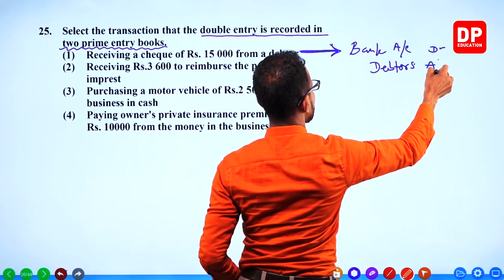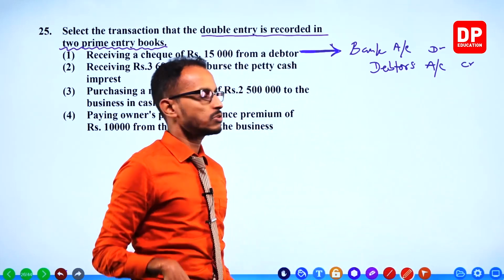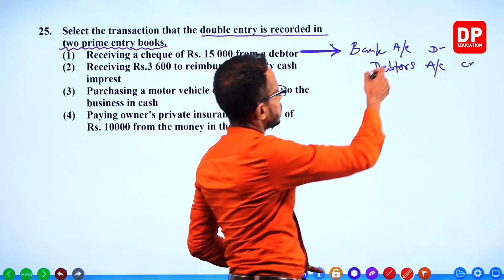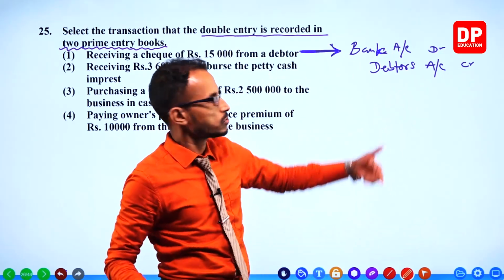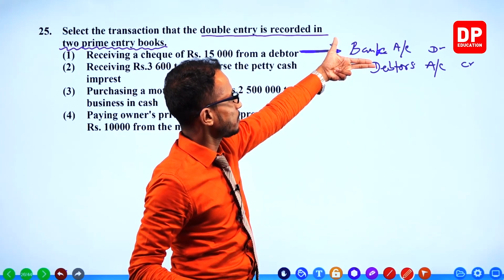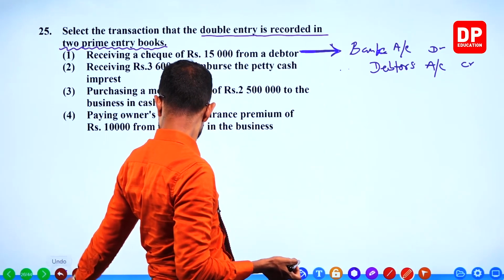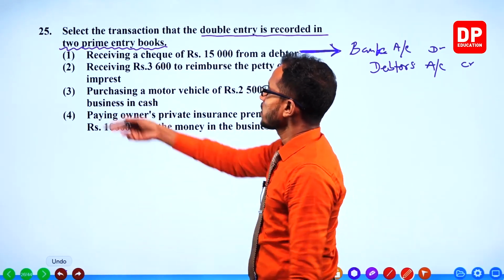Debtor's accounts are not prime entry books, so the double entry does not go to prime books. Only one goes to a prime book, the bank. So you can't take that.